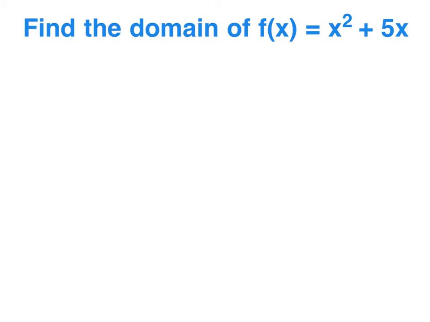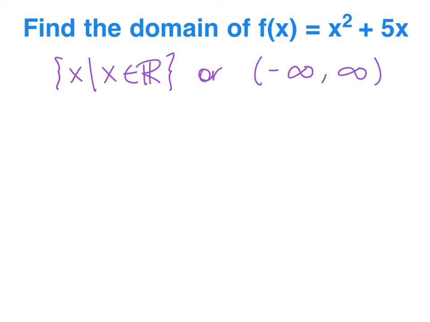So if I wanted to find the domain of this function, f of x equals x squared plus 5x, algebraically, what I'm going to first do is look for any restrictions that might cause this function to skip any spots on the x-axis. I'm looking at this and it doesn't have anything in the denominator, so the domain here is going to be all real numbers.